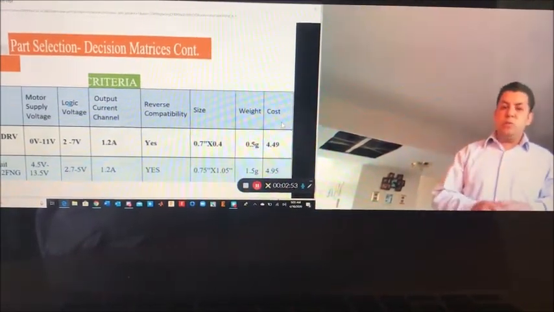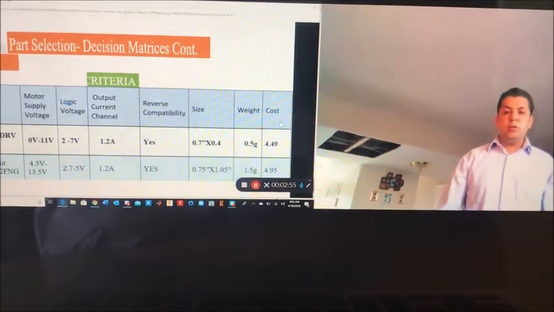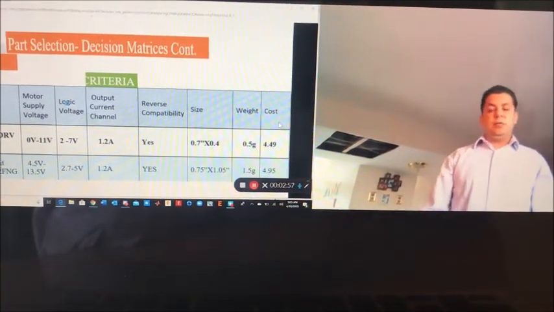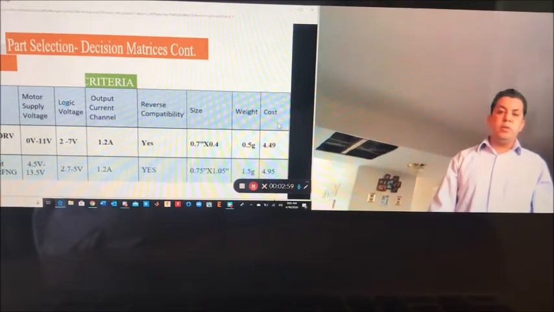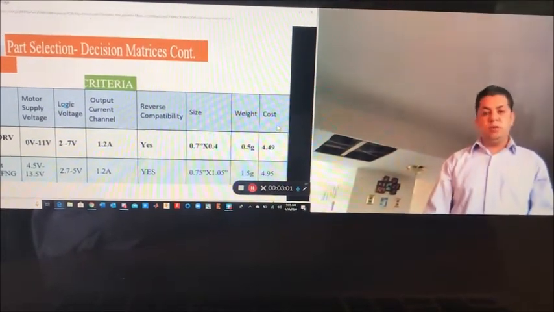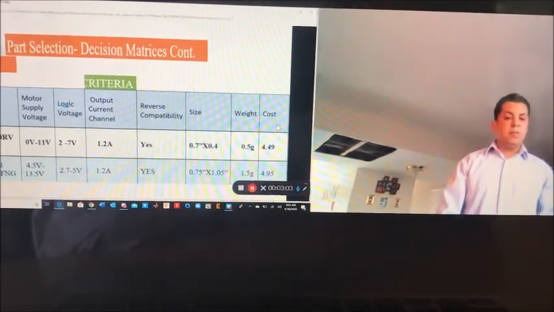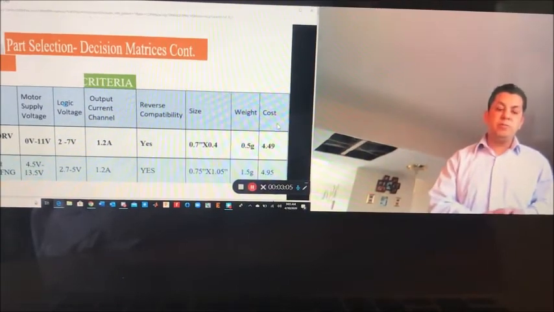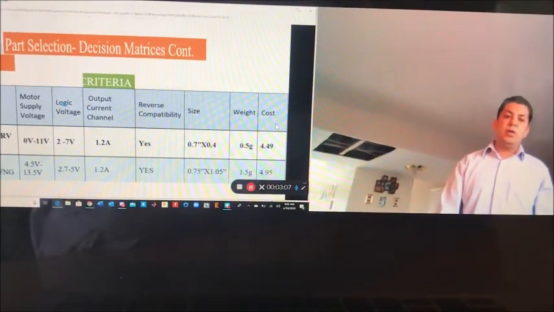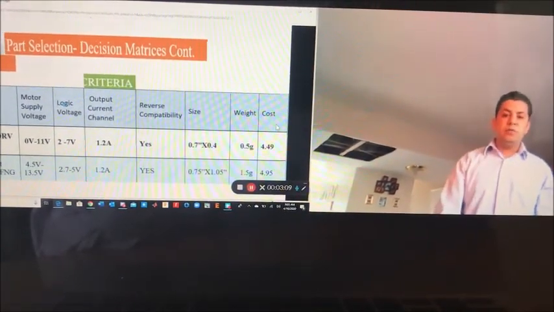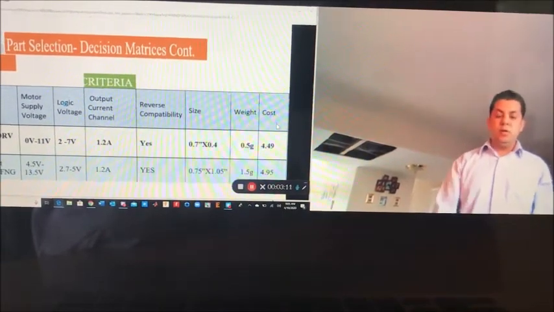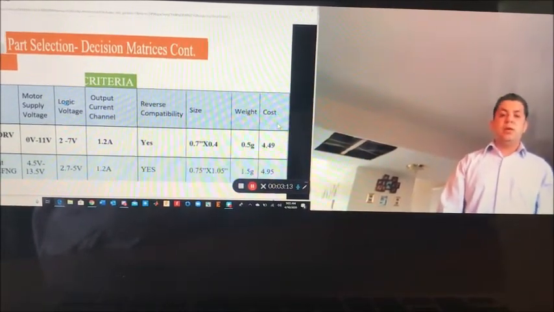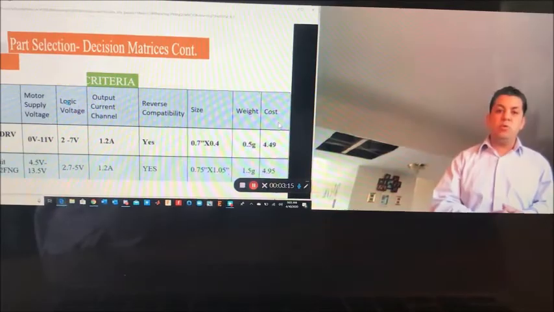So the first one we chose because we are using the LiPo battery. It starts operating at 3.7 volts to 6 volts, so that one fits perfectly here. But if we chose the Adafruit, it starts operating at 4.5 volts, so we would have to use a boost converter supply here, which will result in more weight.